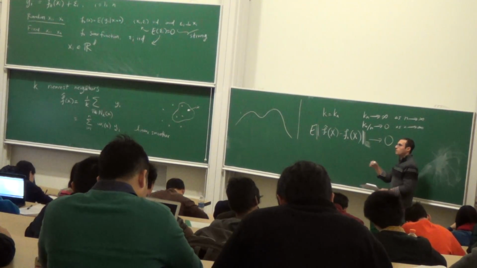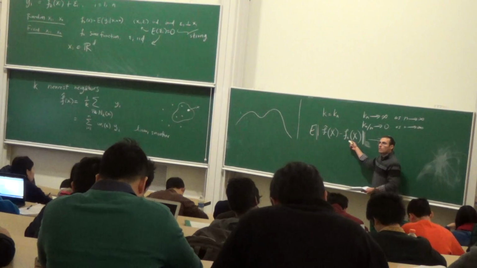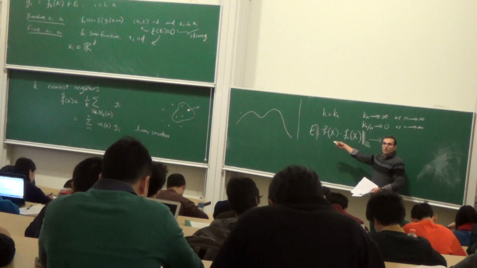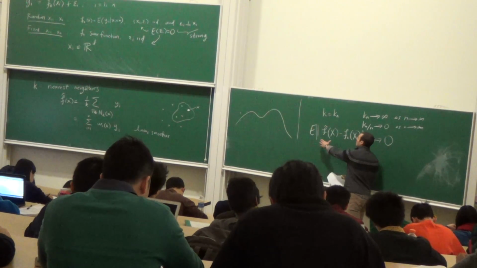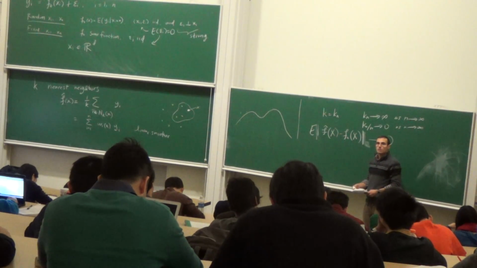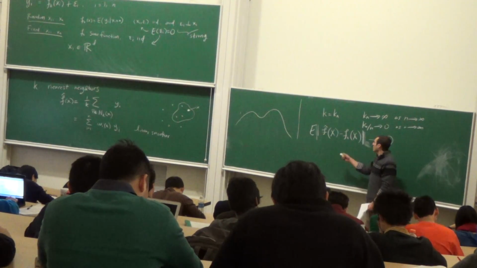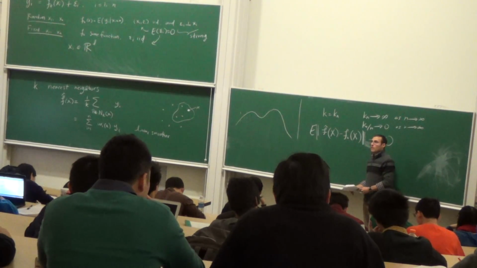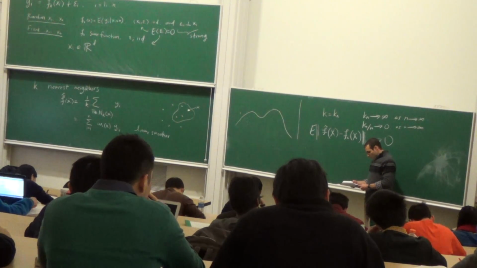So under a random draw from this input model, if I look at the expected value of the difference of the functions at a random input, it goes to 0. So f hat is consistent for estimating f0 in this sense.